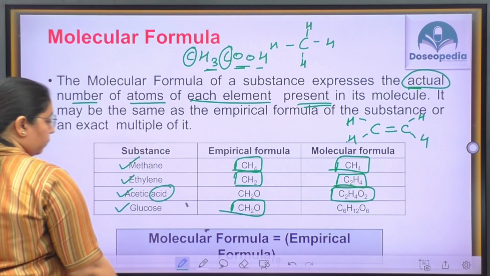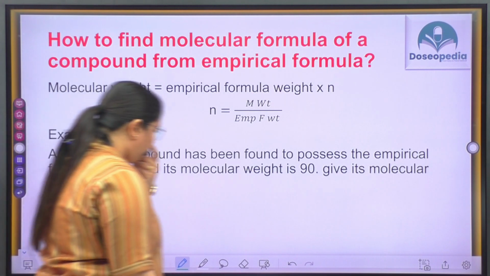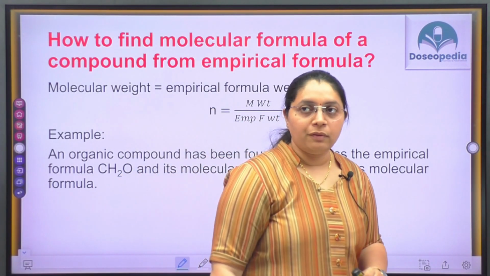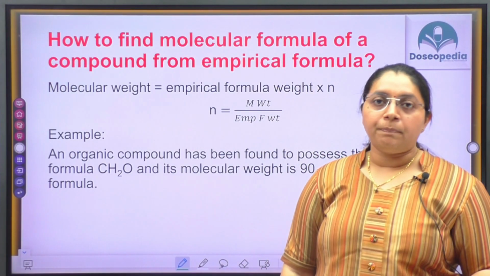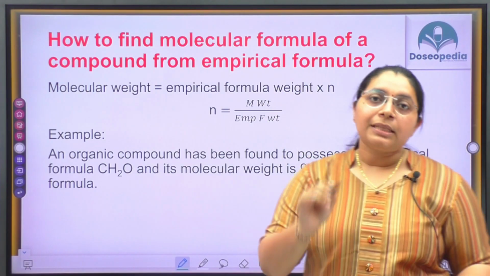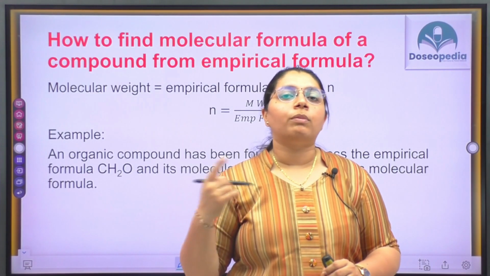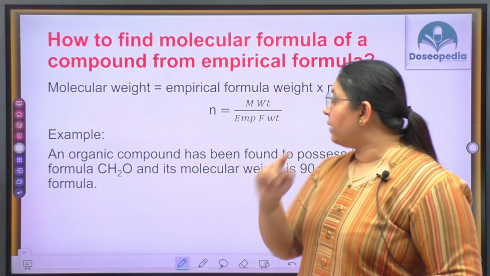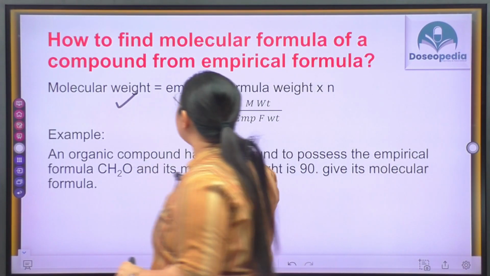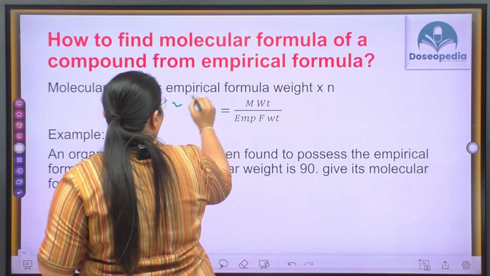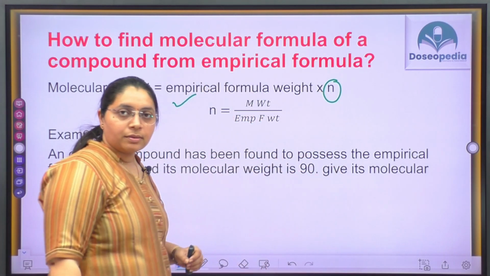Now let's find out from this equation how to find the molecular formula of the compound from the empirical formula. It means that you have the empirical formula, and from the empirical formula you have to find the molecular formula of the compound. For that, again we have one equation. The equation is molecular weight is equal to empirical formula weight into n, where n is the number of units.